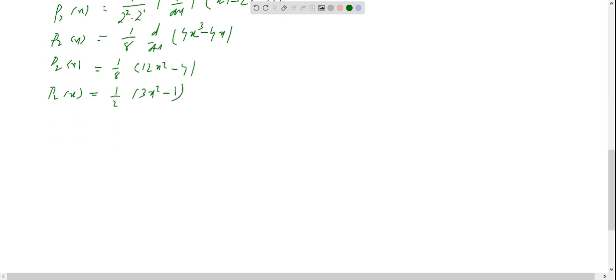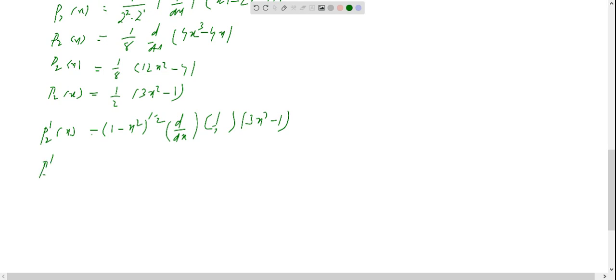And now the associated Legendre polynomial P_2^1(x) equal to (1 minus x square) to the power 1 out of 2, d out of dx of 1 out of 2 into (3x square minus 1).